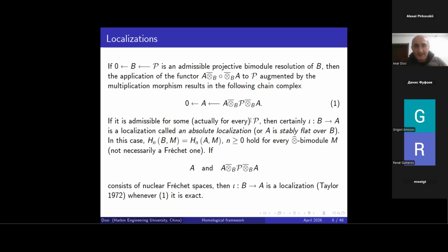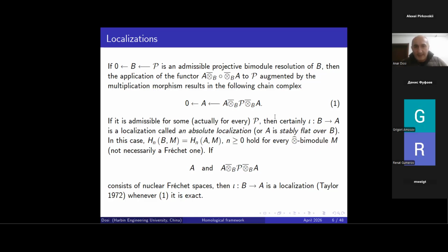If this complex is admissible for some resolution, actually for every P, then certainly it is a localization in a bit strong sense. We say that it's an absolute localization, or A is stably flat over B. In particular, we have this identification of the homology groups, and this happens actually for every bimodule M.